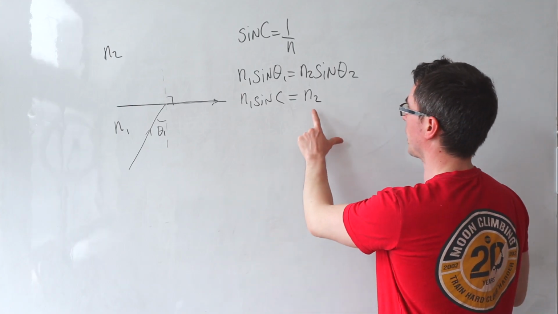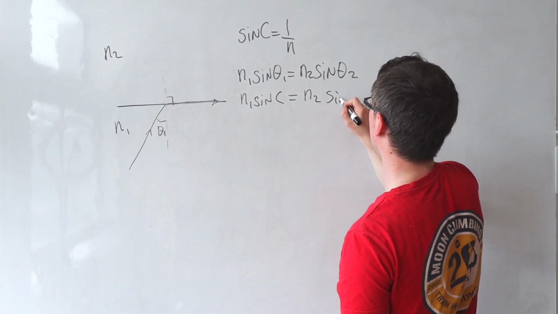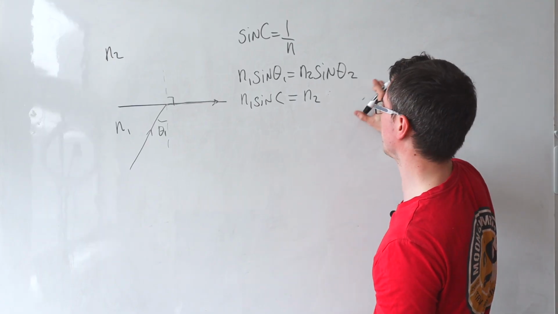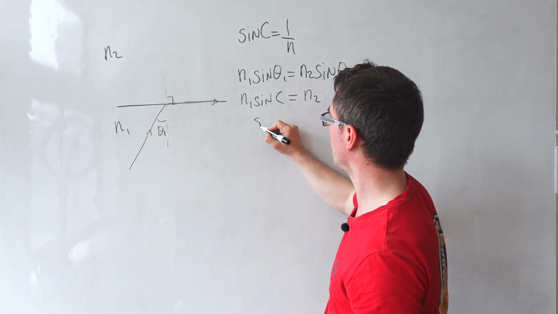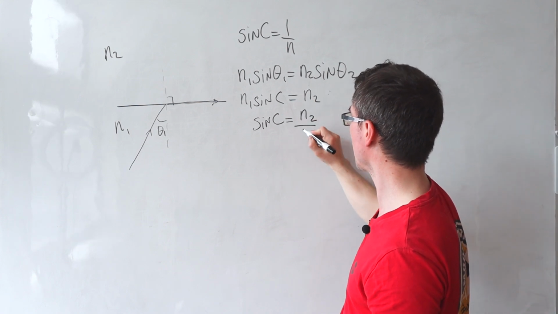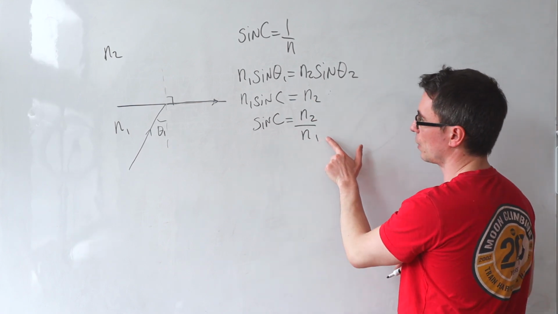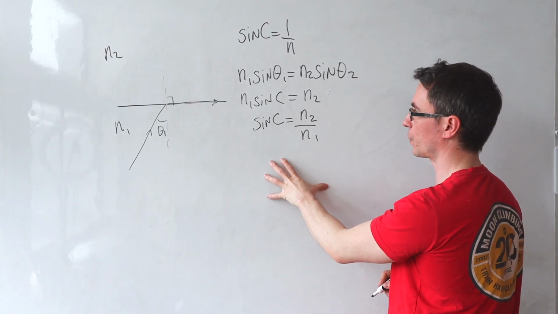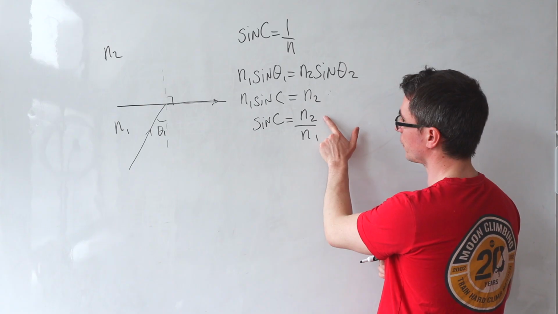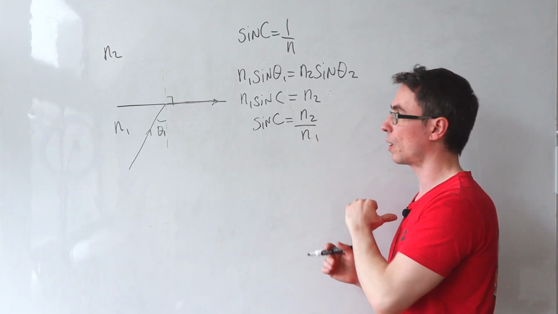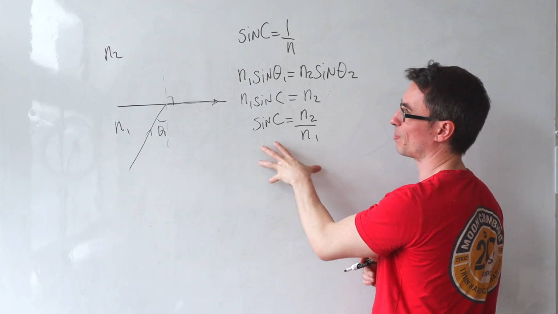So this here will be N2 sine of 90, which is just 1, so we don't really need to write this. This means that sine of the critical angle will be equal to N2 divided by N1, and this here is an equation that we would need to use.